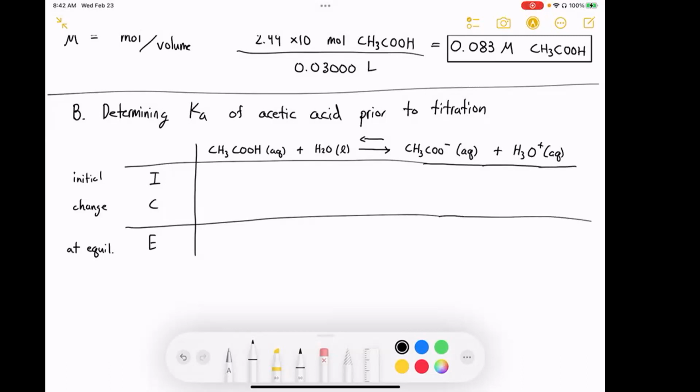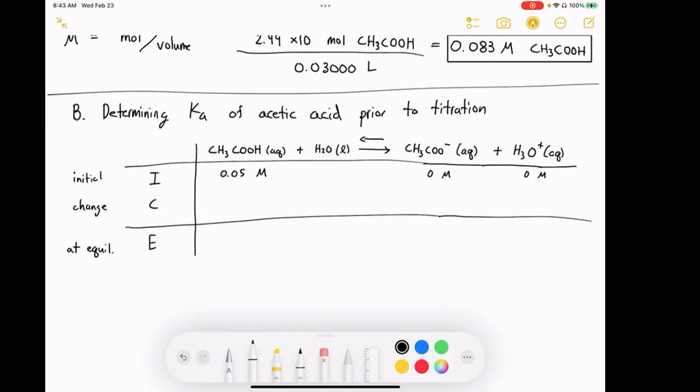Okay. So what would our change be? We know our initial concentration was 0.05 molar. And then initially we had 0 of the conjugate base and 0 of the conjugate acid as well. So those were 0 initially.